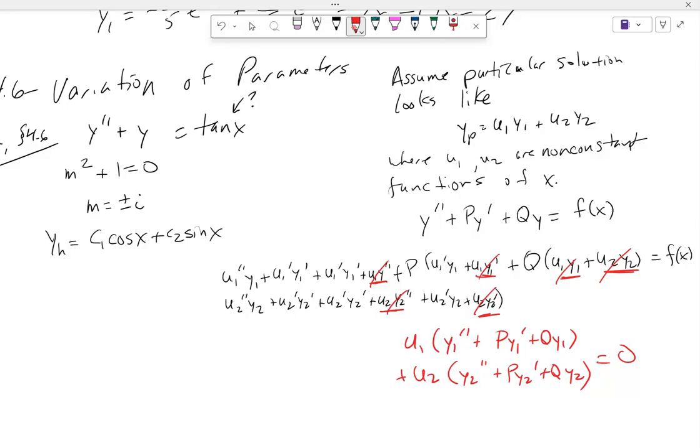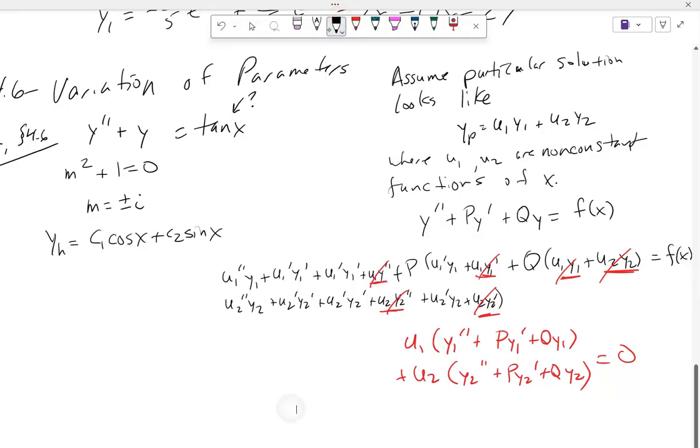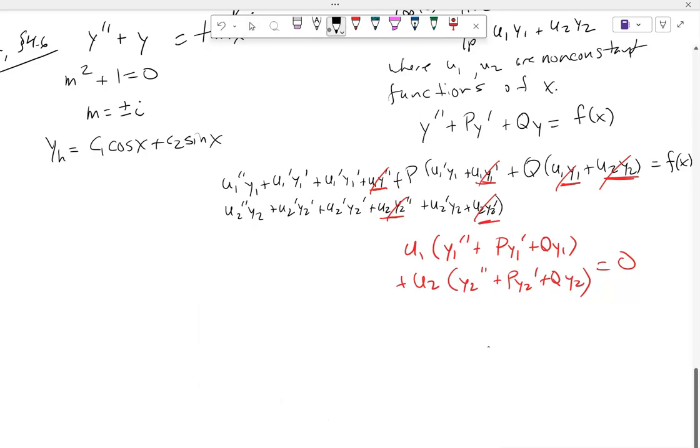Yeah? Okay. So I'm going to do this quickly and you can check my algebra later. I'm going to divide the rest into a couple of different pieces. Part of it is going to be a derivative of u1 prime y1 plus u2 prime y2.